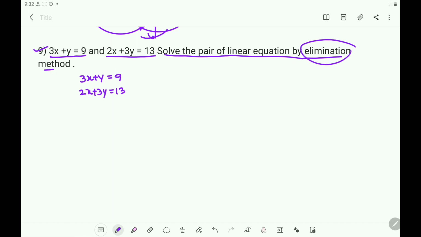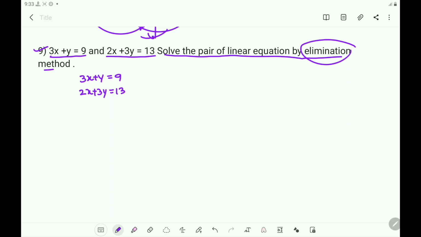You know that in the elimination method we have to eliminate any one of the variables. To eliminate any one of the variables, we have to verify which variable can be eliminated easily. So here you know that the variables must have the same coefficient. Then only you can cancel them, then only you can eliminate them.